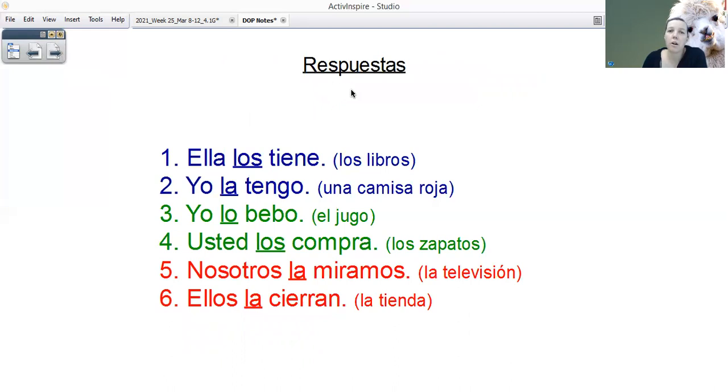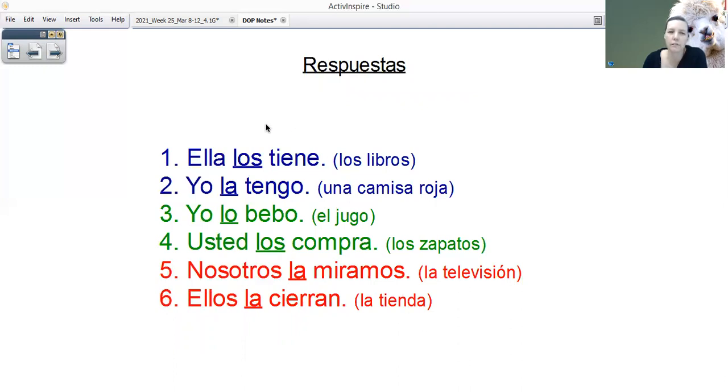All right, here are the answers. So I have written in parentheses what the direct object noun is, the long noun, right? The whole thing. You should have underlined this and you should have replaced it with the pronoun, which is this little short thing. Pronouns replace nouns.